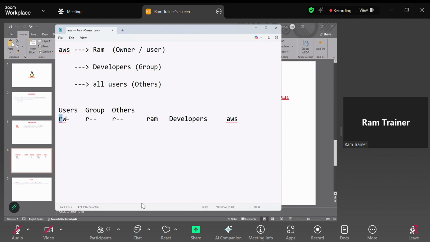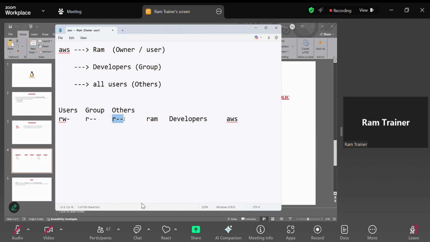That's why the first 3 bits belong to owner permissions, I mean user permissions. And the next 3 bits are for developers, I mean group permissions. Those who are members of the developers group will manage this AWS file with read-only permission. That's why the next 3 bits are group level permissions.